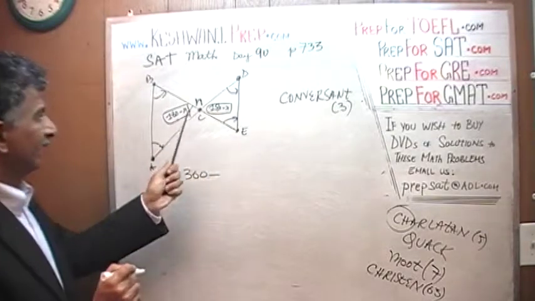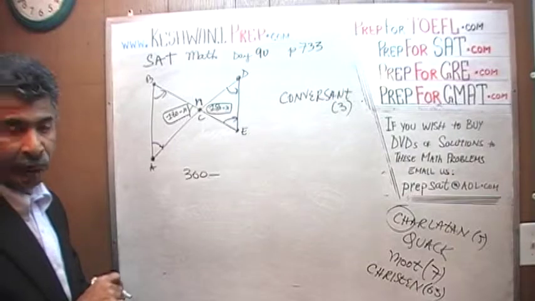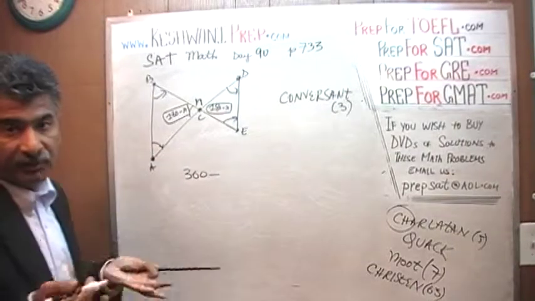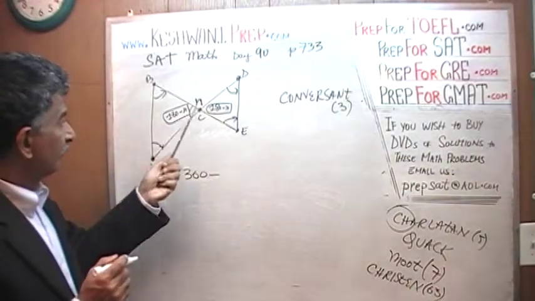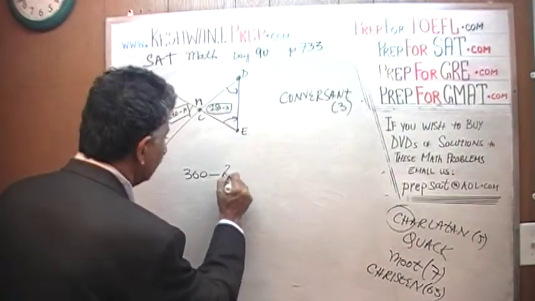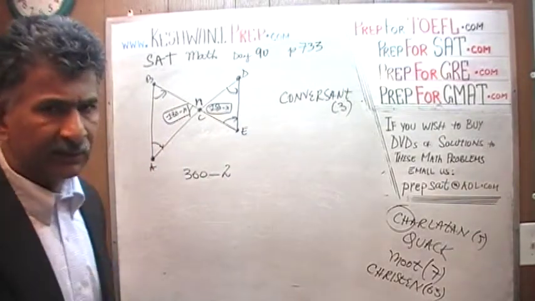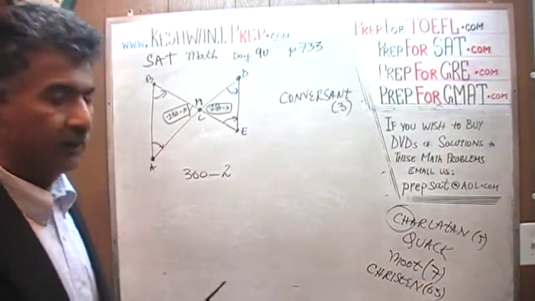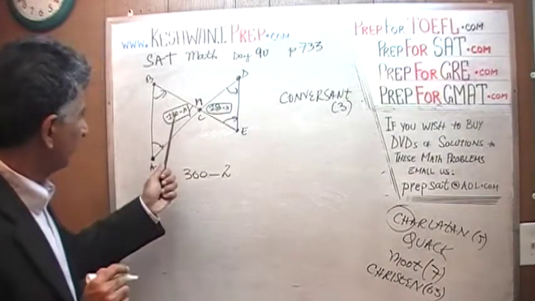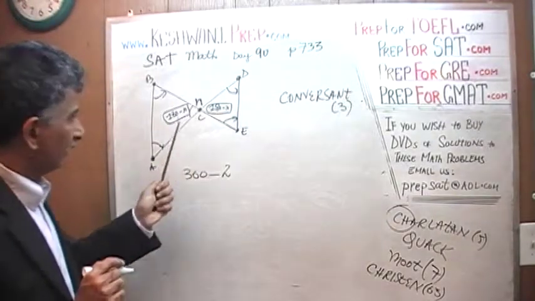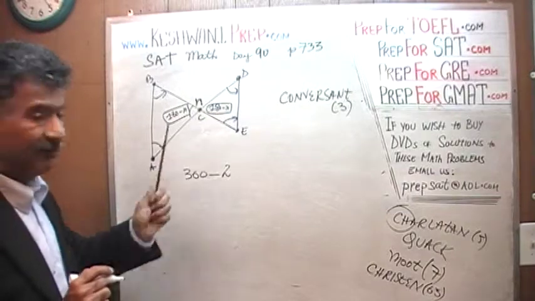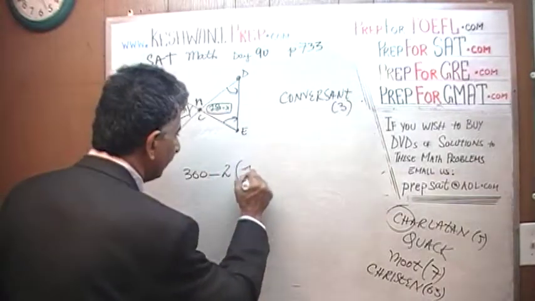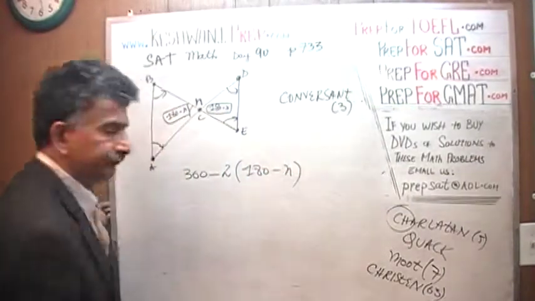If we subtract this angle and that angle, what we will be left with is the sum of these four angles, which is exactly what we are looking for. The sum of these two angles is simply 2 times 180 minus n: 180 minus n on this side, 180 minus n on this side. So it's 2 times 180 minus n.